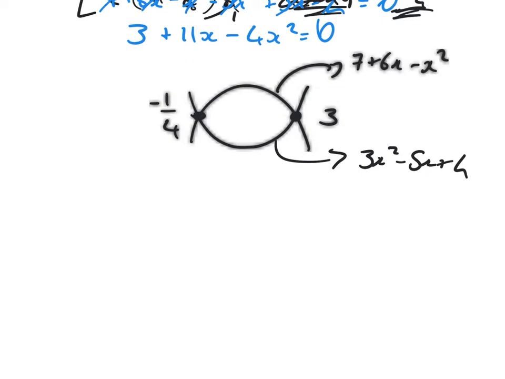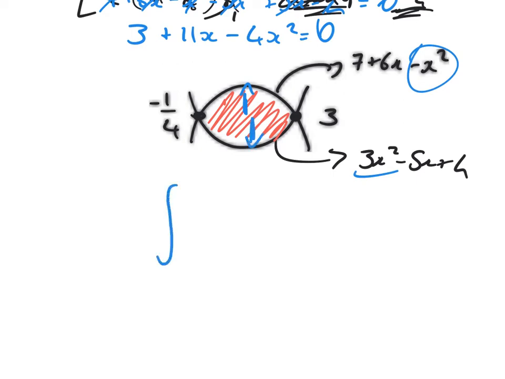Okay, so here's a visual as to what that might look like. And we need to find the area enclosed. So again, the concave down given by the minus x squared term would be the upper function, and the positive x squared term would be the concave up, which would be the lower. Upper limit of 3, lower limit of minus 1 quarter.